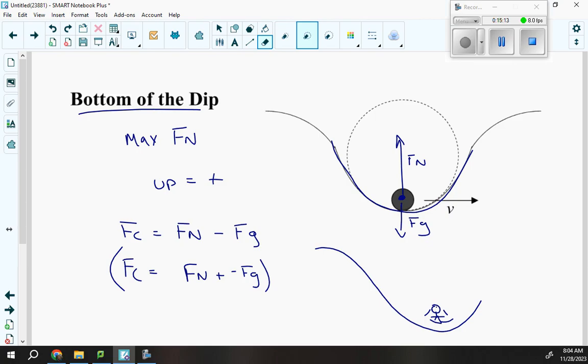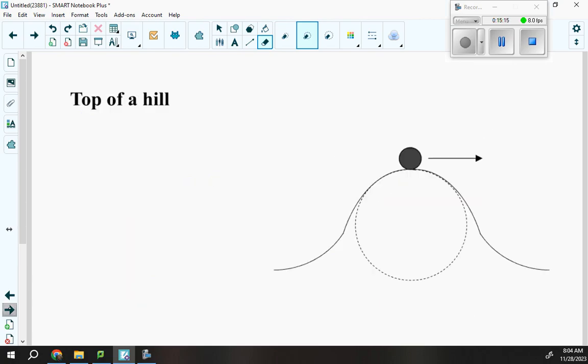But yeah, okay, so bottom of the hill. If we're looking at minimum normal force, and therefore minimum weight, that would happen at the top of the hill. Typically, you don't go around the inside of hills, like a loop-the-loop or a roller coaster style thing. If you're driving your car, you typically go over the top of the hill. So this is the one situation that's a little bit different. Force of gravity still acts downwards.